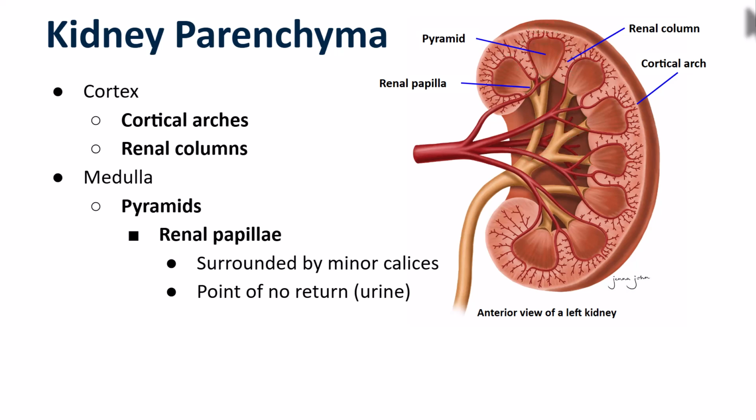Why I bring this up, why this is significant, is that the renal papillae are the last point where collecting ducts are going to drain into the minor calyces. So these represent the point of no return physiologically, where we have a clear border between filtrate proximally and urine distally to these renal papillae.